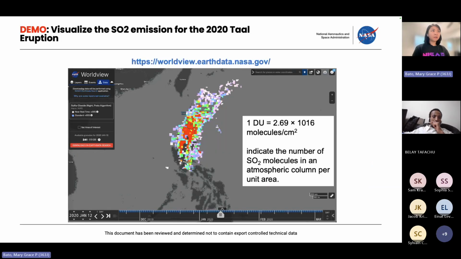So I will stop a bit because I thought we could have some sort of demo and interaction, if that's fine with everyone. My entire goal here is not just to present things and have you absorb the information, but also to give you a hands-on experience of how you could utilize satellite data, if you haven't had a chance to work with it recently.